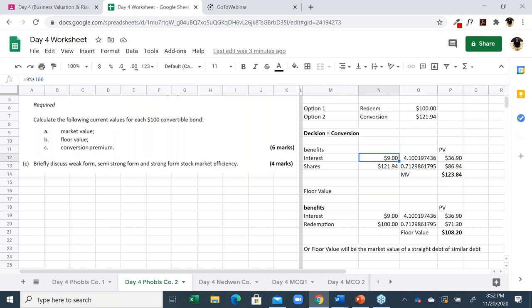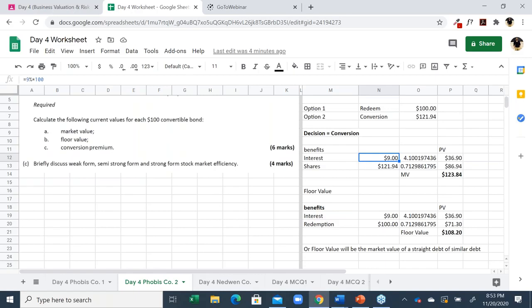It won't be sold for a lower price than that non-Wi-Fi cell phone. Is that clear? Similarly, a convertible debentures minimum value will be equal to the market value of a debenture that does not have the conversion option.